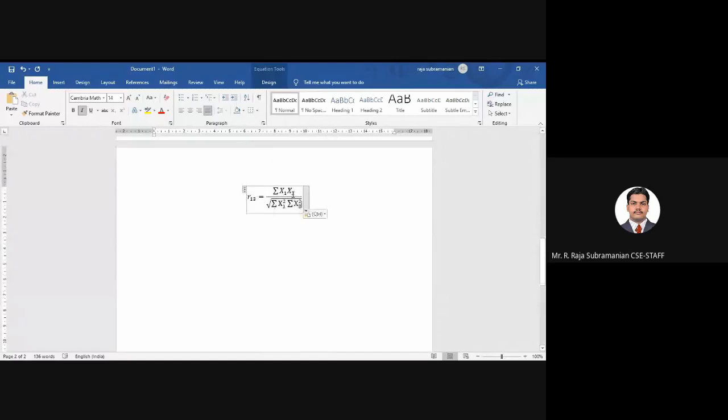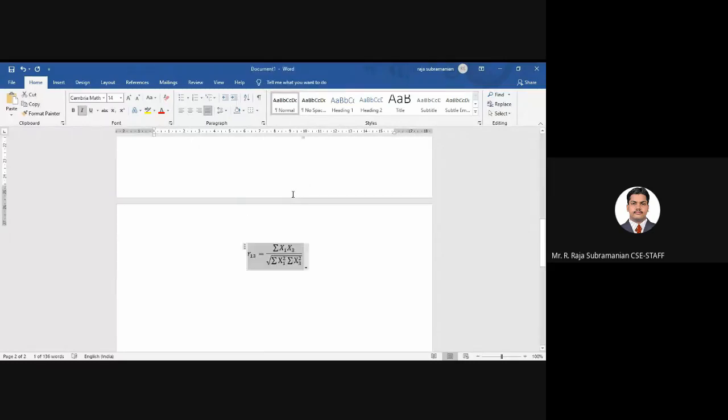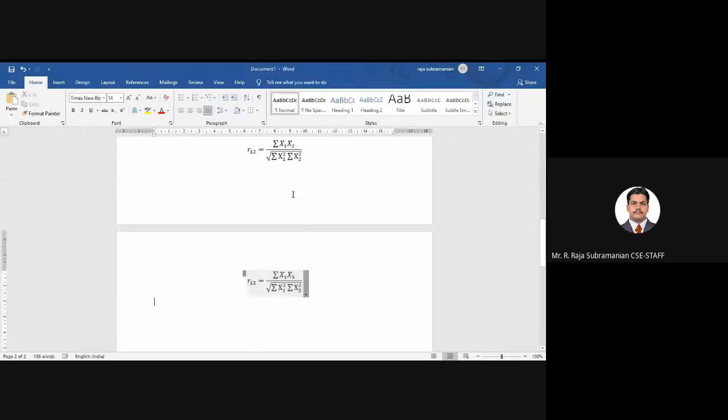Here also x1, x3. Finally, if I want to write R23, I can write it as summation x2 x3 over square root of summation x2 squared into summation x3 squared.